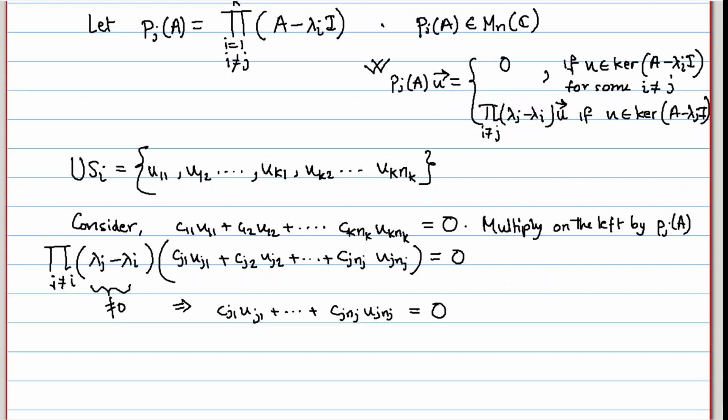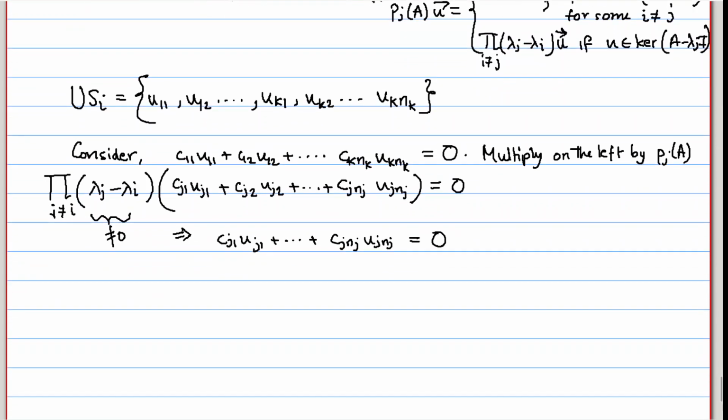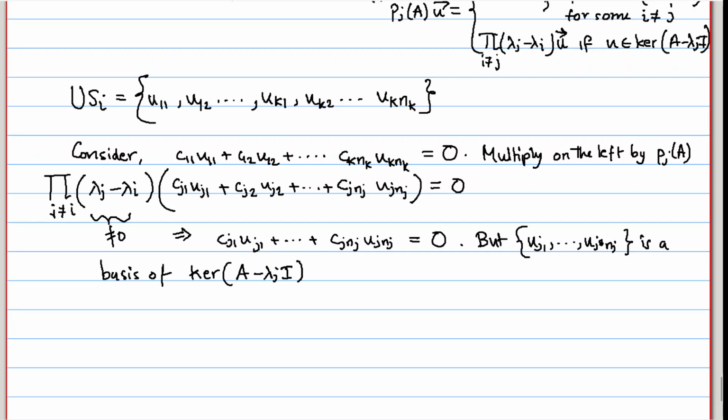But this set u_j1 up to u_j n_j is a basis of the kernel of A minus lambda_j I. That means they are linearly independent.